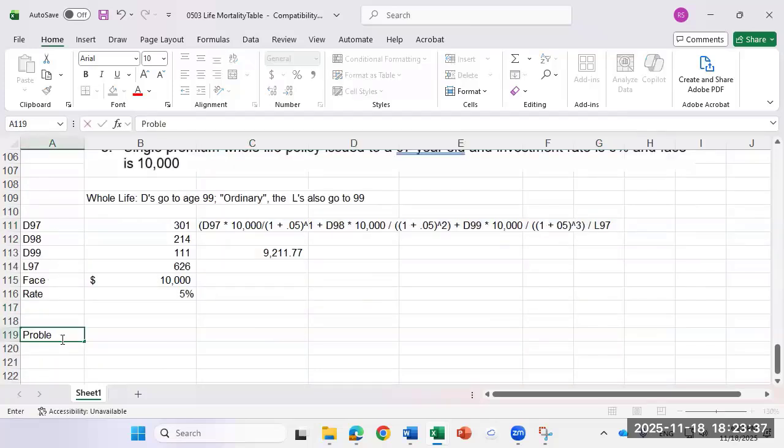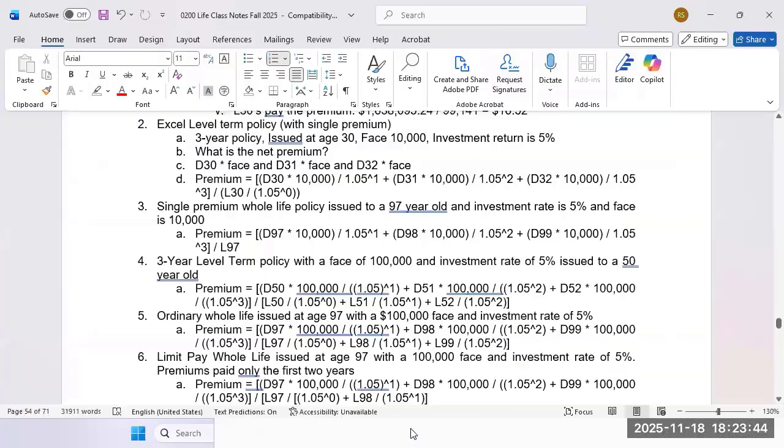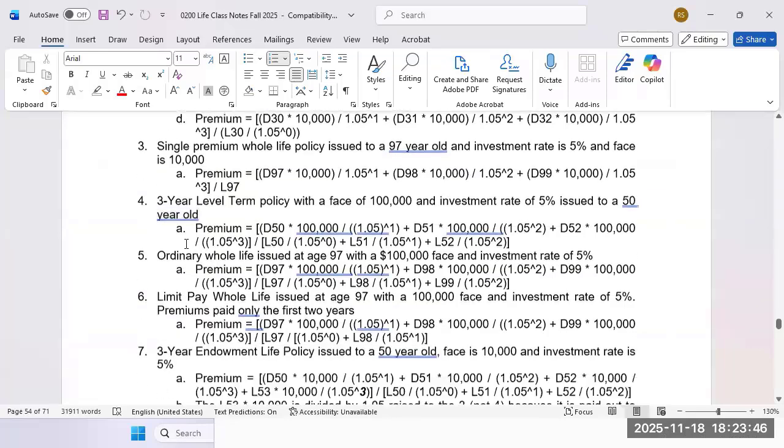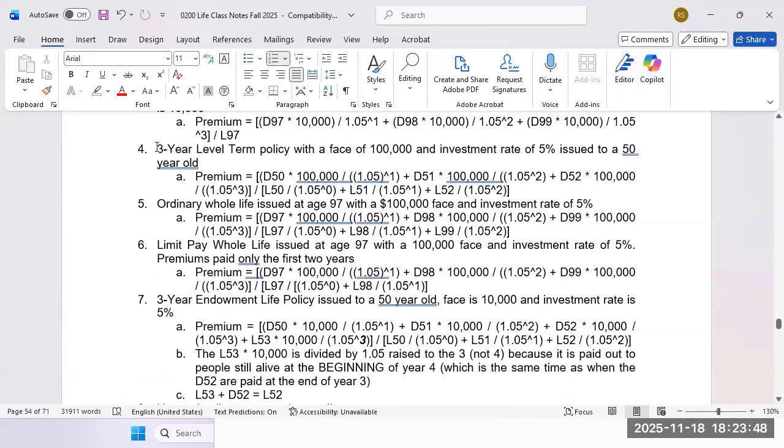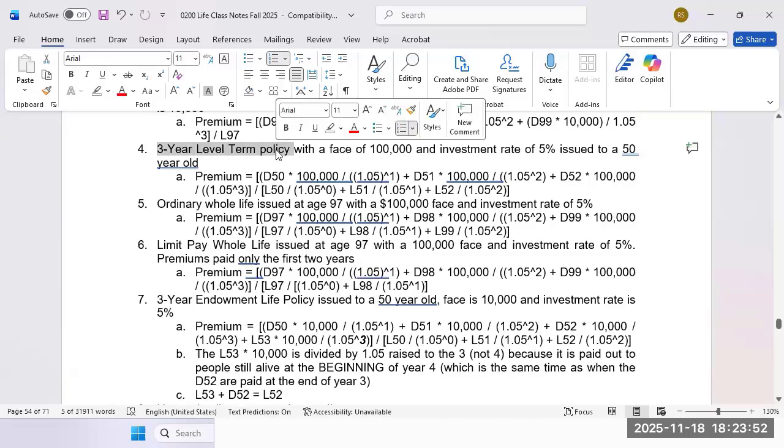So let's do problem 4. Now you notice here it says a 3-year level term, and I don't tell you anything about the premium payers. If it says 3-year level term, but I don't say anything about premium payments, you're going to have 3 D's in the numerator and 3 L's in the denominator.